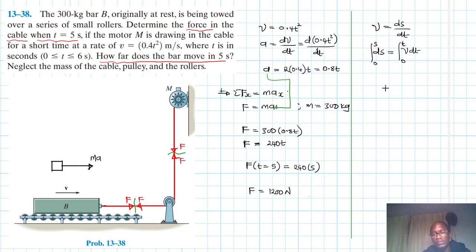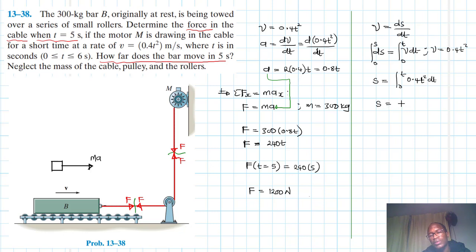So s is going to be equal to the integral of v, which we already know is 0.4 t squared, so we plug in our v there, dt.